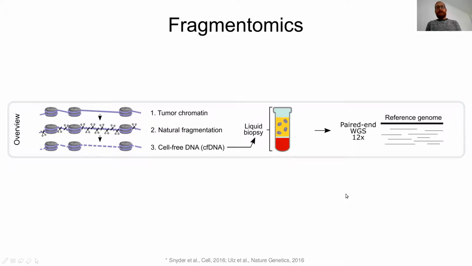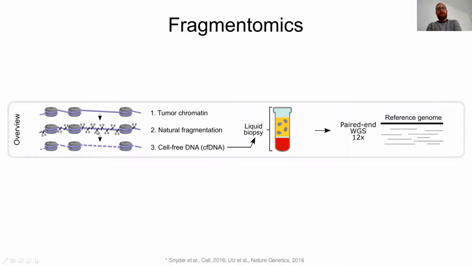In order to analyze our dataset, we used a fragmentomic approach. And this refers to the fact that while the cell-free DNA is released, it gets degraded in a non-random fashion. The cleavage occurs preferentially at stretches of DNA that are not protected by nucleosomes.